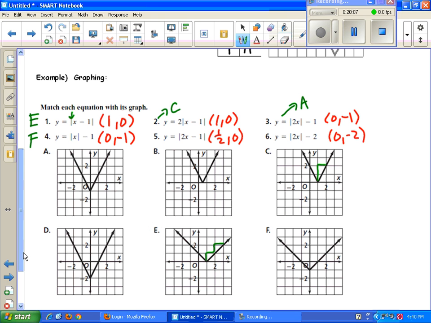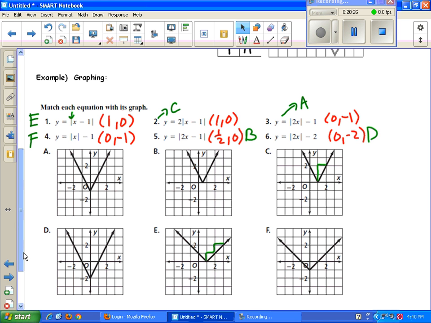And then for number 5, I have 1/2, 0. So the only one that has 1/2 for the vertex is B. And then for graph number 6, we just have our only choice that we have left, which in this case is answer choice D.